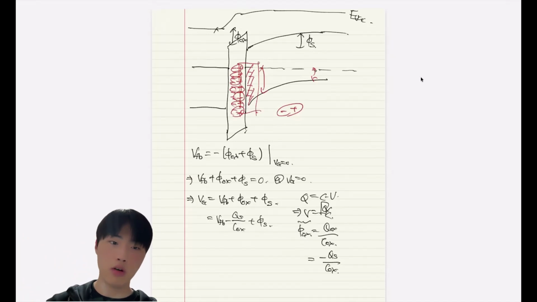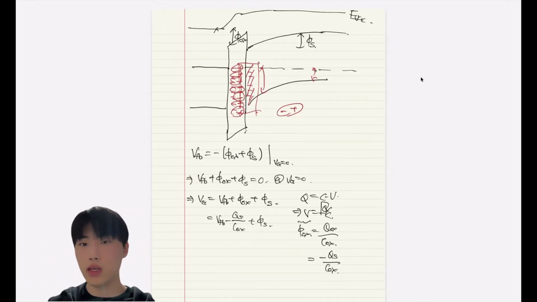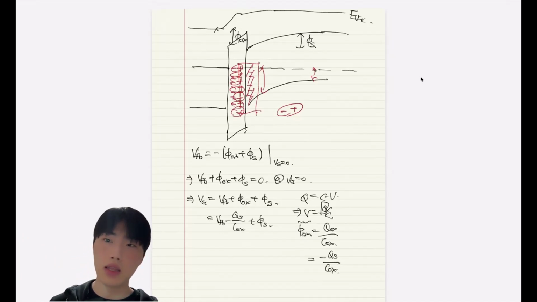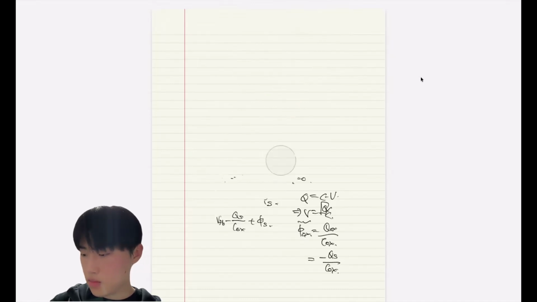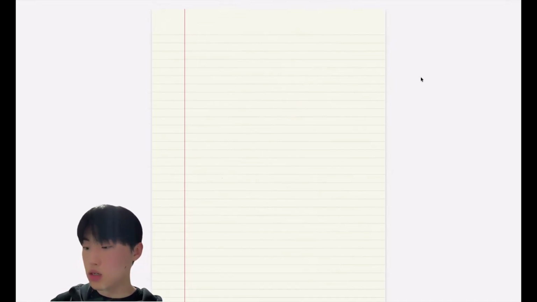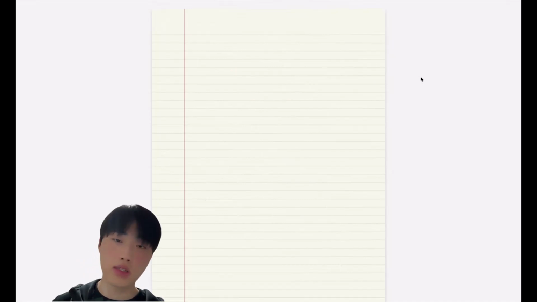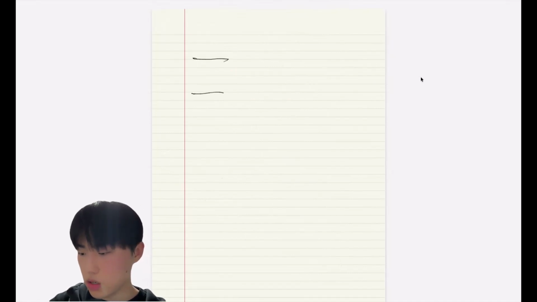The energy band diagram will change because we have some bias on it, and we can say what happens now. This energy band diagram was the equilibrium condition, but let's talk about the bias part.